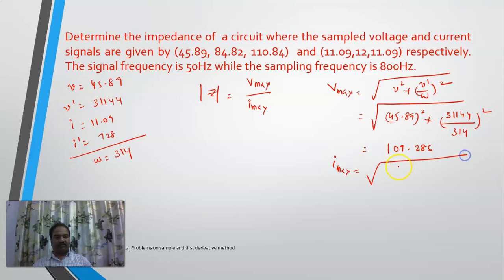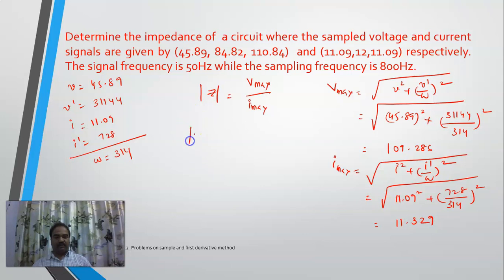Similarly, I max is equal to again square root of I square plus I dash by omega whole square. So what is this one? I square is 11.09 whole square plus 728 by 314 whole square. It is somewhere around 11.329.